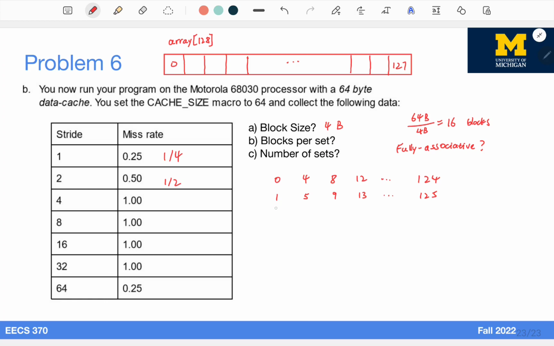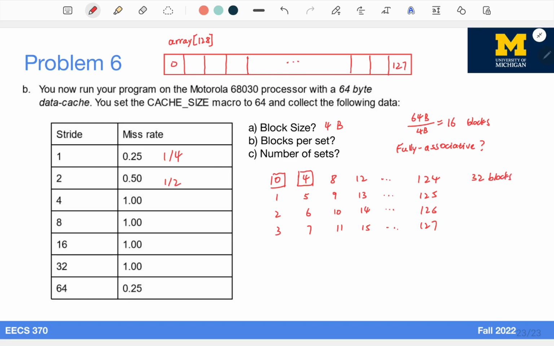Next, we will start at 2, and then 6, 10, 14, until 126. And finally, we start at 3, and then we have 7, 11, 15, until 127. So, as you can see, in every inner loop, every access is in a single block, and every adjacent pair of accesses is in different blocks. And in every inner loop, we will still access 32 blocks.